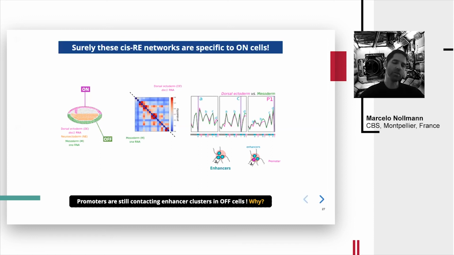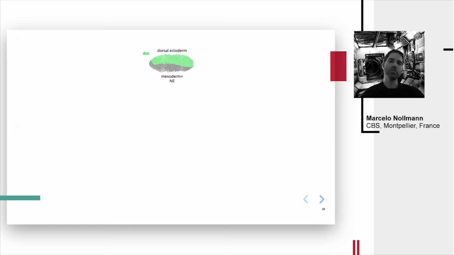So of course you may be wondering, and we wondered for a long while, why this may be the case, right? Why are these specific interactions also happening in off cells? So to try to get an inkling into this, what we did was to look at what factors are specifically binding to the dorsal ectoderm, where DOC is expressed, and to the mesoderm, where DOC is repressed.